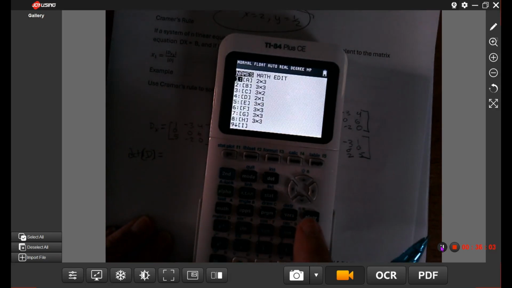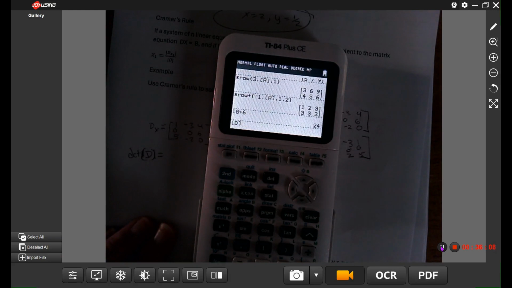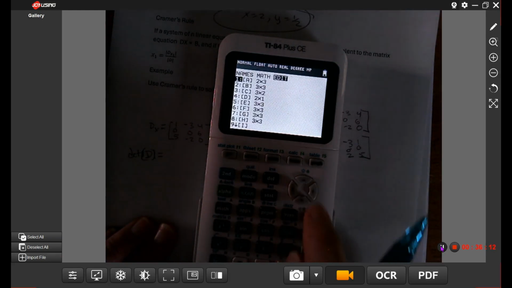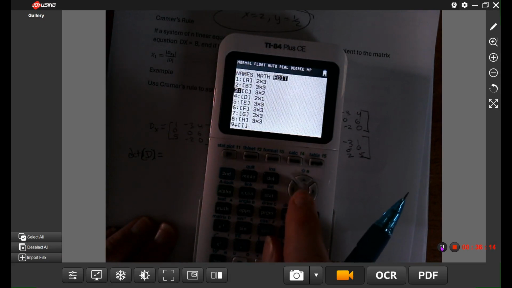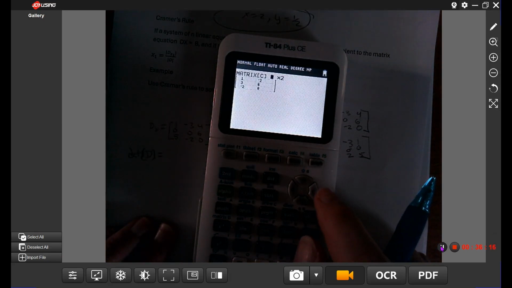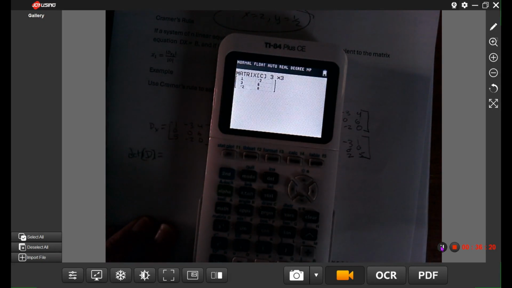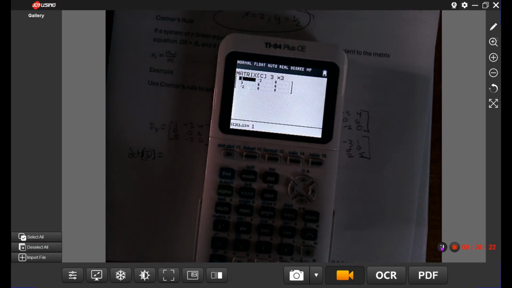And I'm going to put it into D because that would make sense. And D is a 3, oops, sorry. I need to edit. It's a 3 by 3. So I need to make sure it says 3 by 3. And then I'm going to put in my entries.